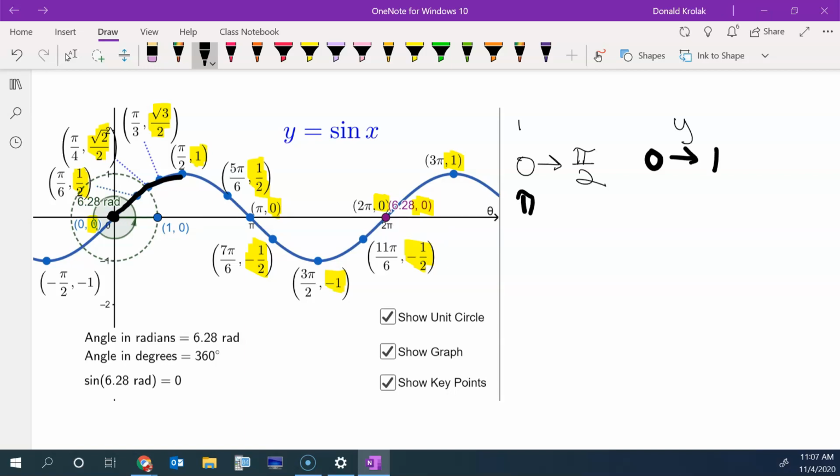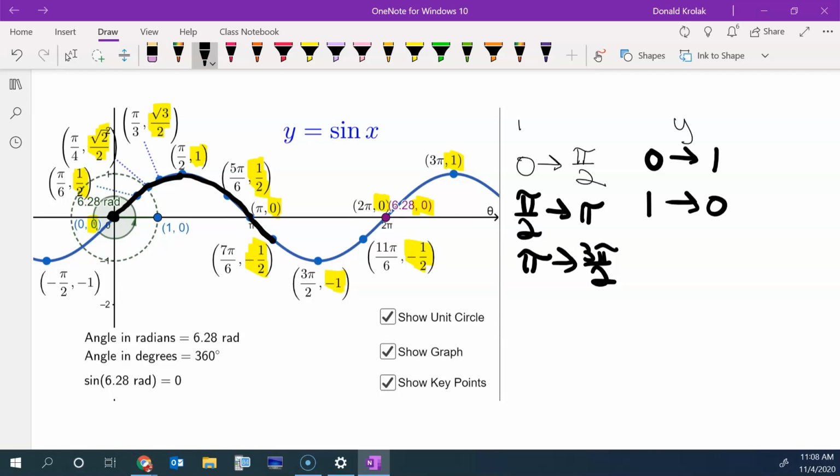Now at pi over 2, we're going to go to pi. Right now the y coordinate's 1. And when I reach pi, Caleb, what's the y coordinate now? 0. And now as I go from pi to 3 pi over 2, what is my y coordinate doing?